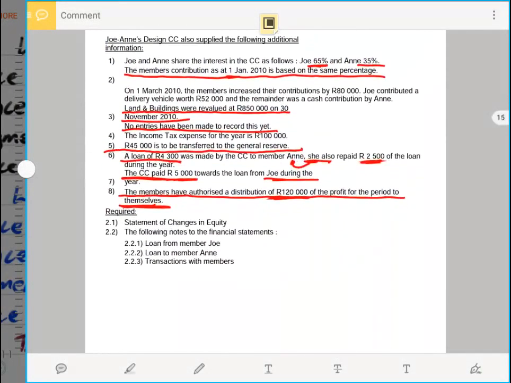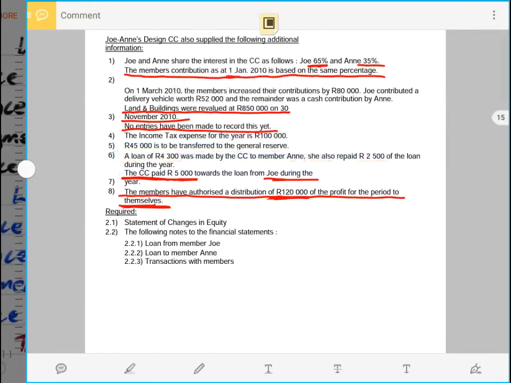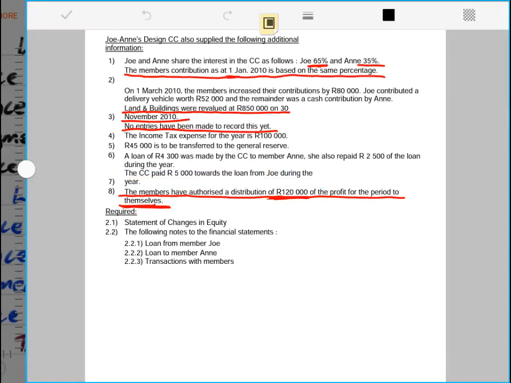And I think that was adjustment number 6 that had something to do with the repayments of the loan and the advancement of the loan during the year. Adjustment number 6 told us that a loan of 4,300 was made by the CC to member N. That means the closed corporation gave a loan to member N during the year.